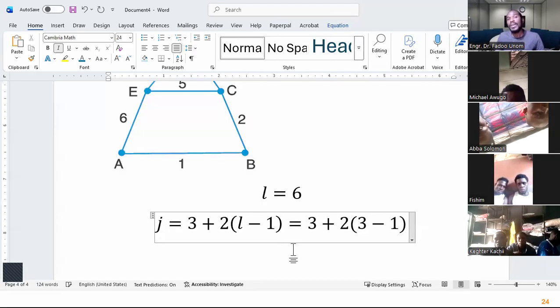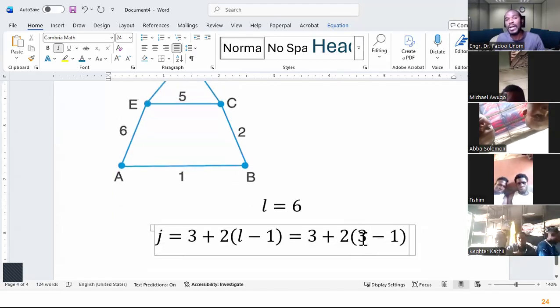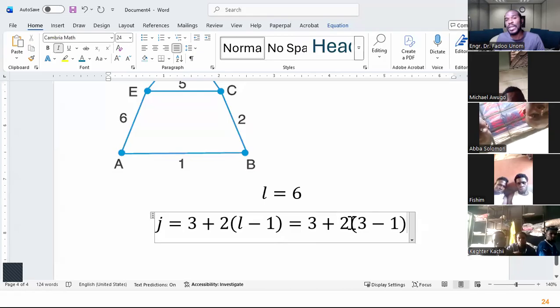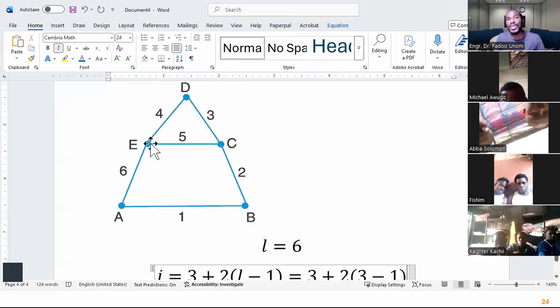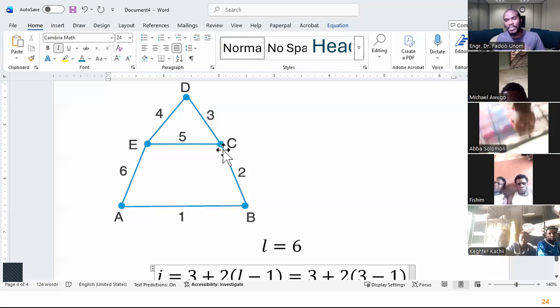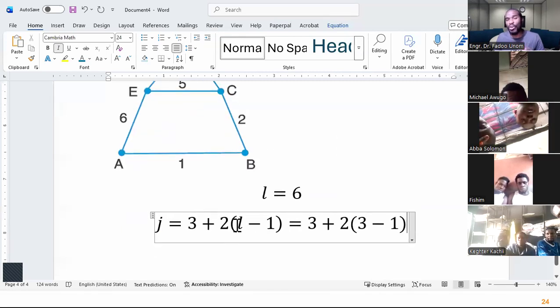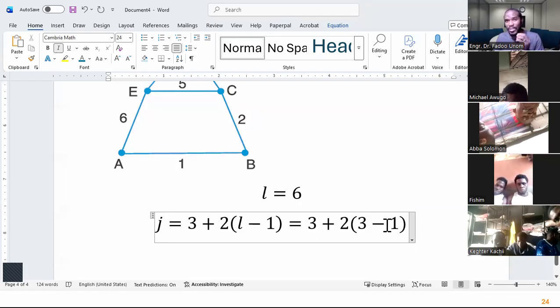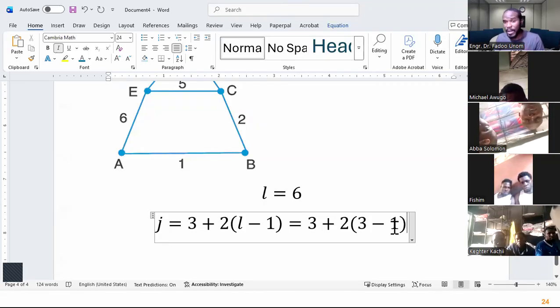Okay? So follow me carefully. This 2 here is telling me that I have 2 joints in this arrangement that have 3 links connected to them, right? And for each of these, the number of binary joints can be gotten by subtracting 1 from the number of links connected to the joint. There are 3 links connected to each of those ternary joints, so if you subtract 1 from them, we should have the number of binary joints, right?